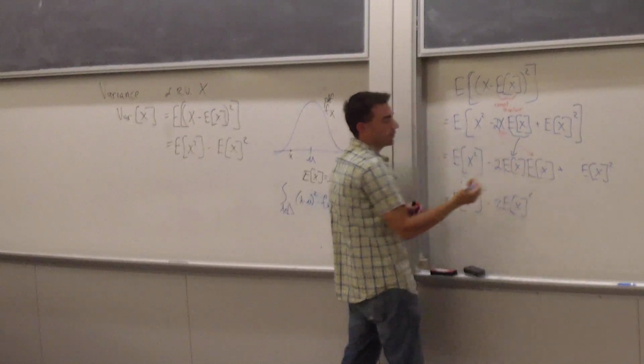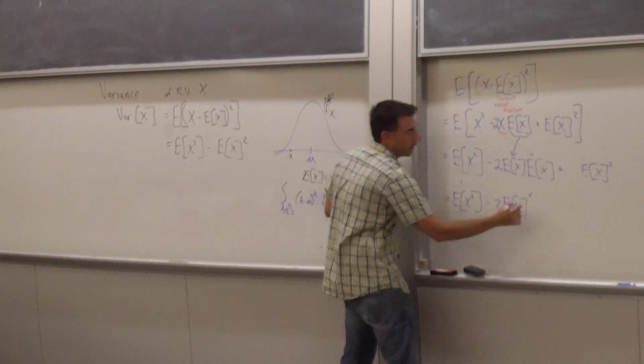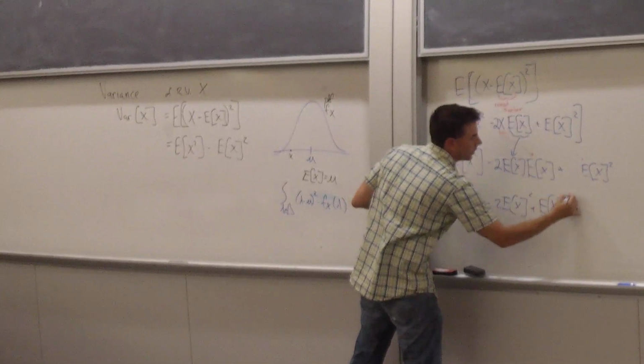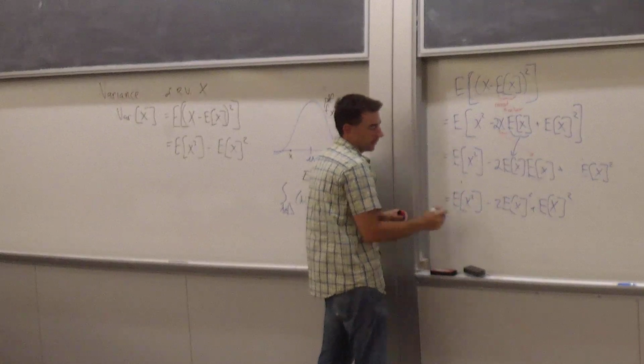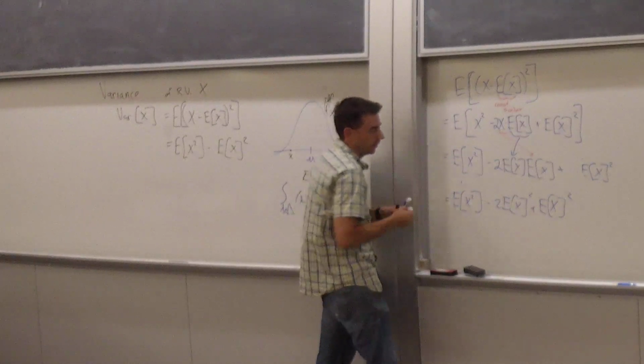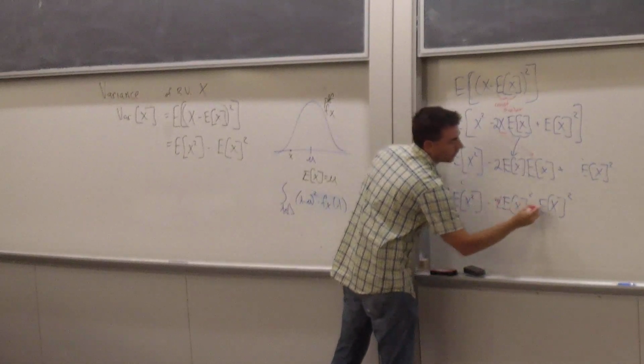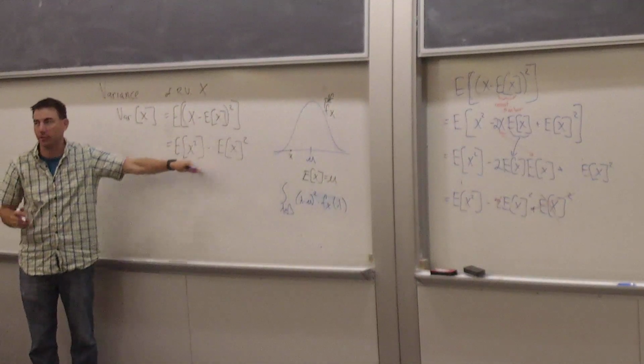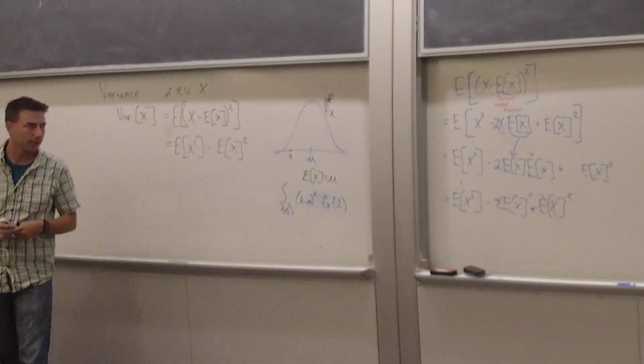These are scalars, so I can multiply them together, and then this cancels, and I'm left with this version of it.